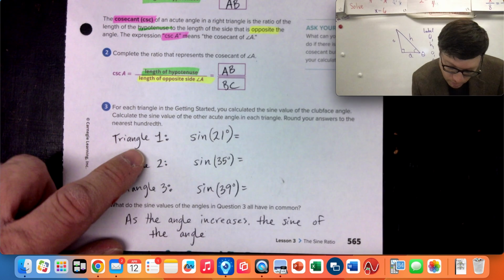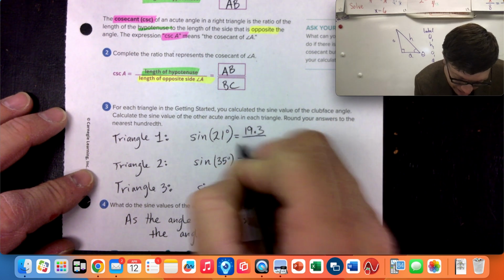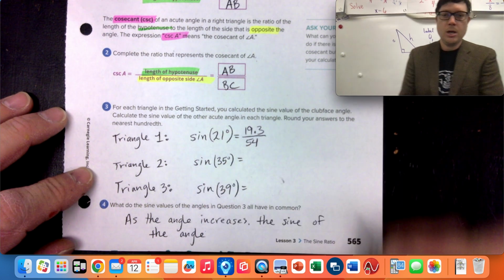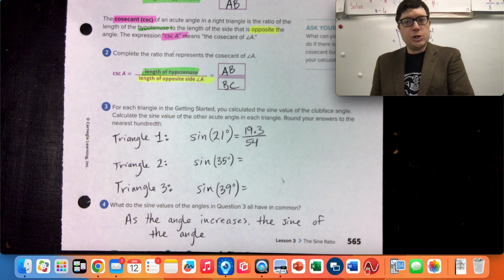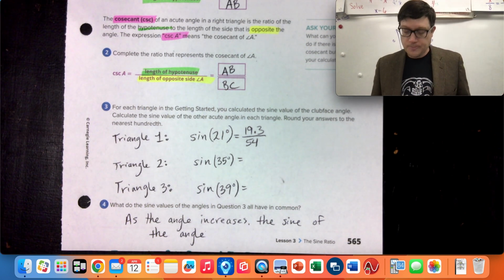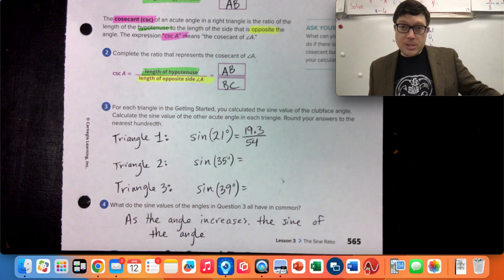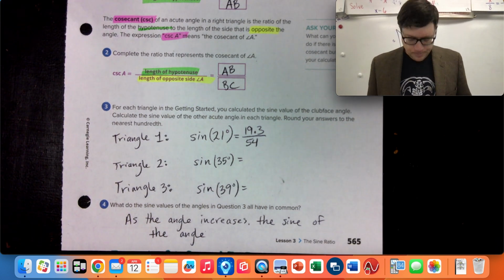So I can write that ratio as 19.3 divided by 54. A reminder, I put millimeters because the measurements on that triangle were in millimeters, and we should put them as well. But after you write those units of measurement down, they cancel out.